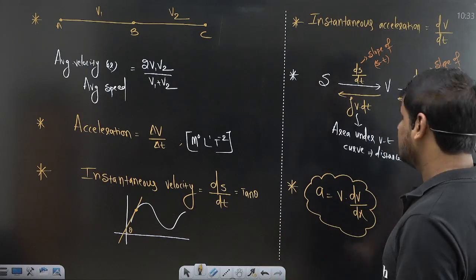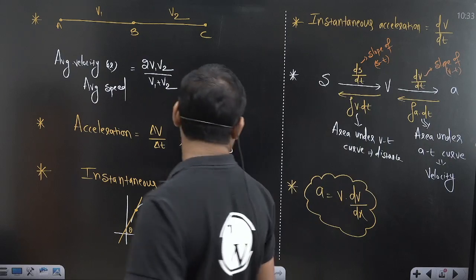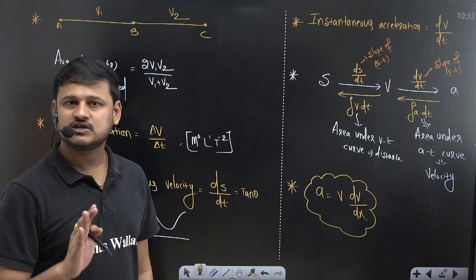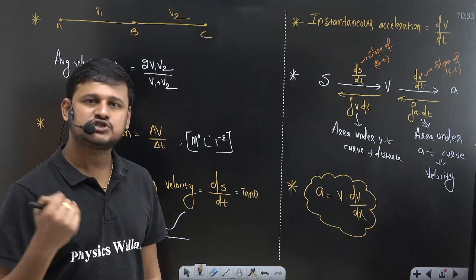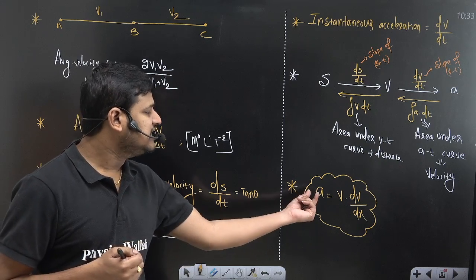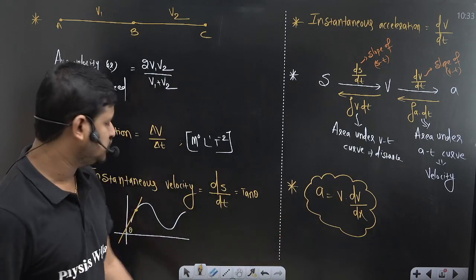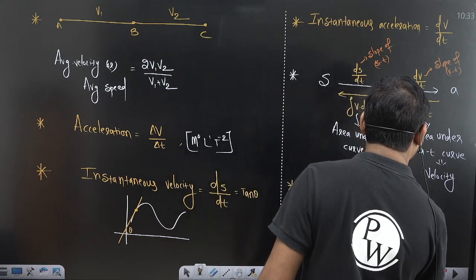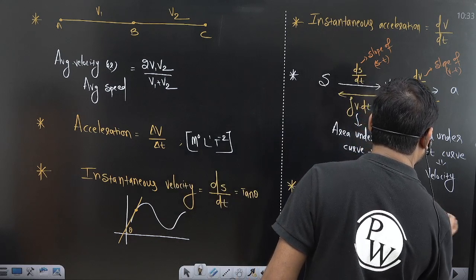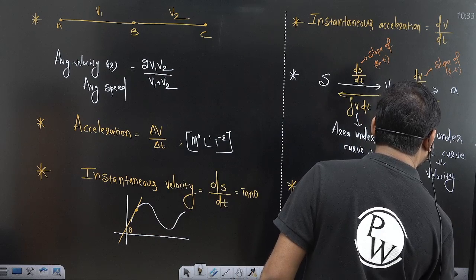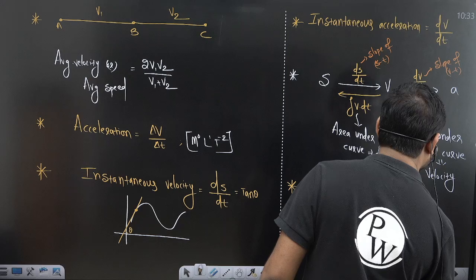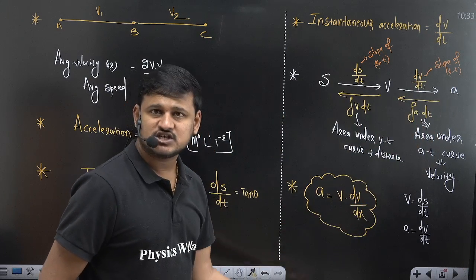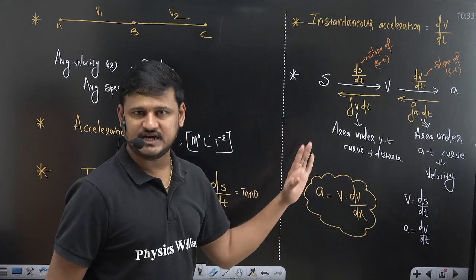So what are the equations of motion? v is equal to ds by dt, a is equal to dv by dt, or a is equal to v into dv by dx. These are always valid, yes or no? So v is equal to ds by dt, a is equal to dv by dt, and the same a is also equal to v dv by dx. These are the equations of motion which are always valid.